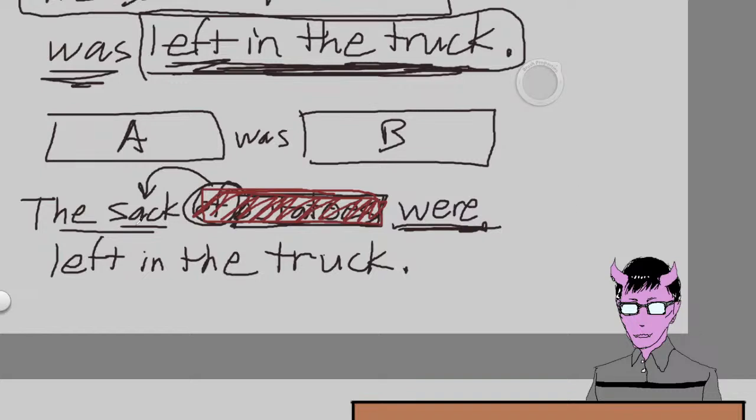How many? It's a singular sack. So no S on the back, so this one will require an S. So the sack was. Again, sacks was sounds musically atrocious, so they don't both have S's. So this is a singular, no S, and then this is the verb corresponding with the S, so musicality, everything works out. The number agreement works out. So this is correct. The sack was left.